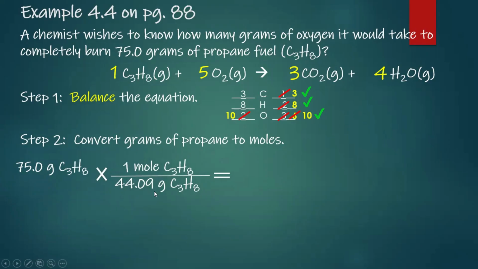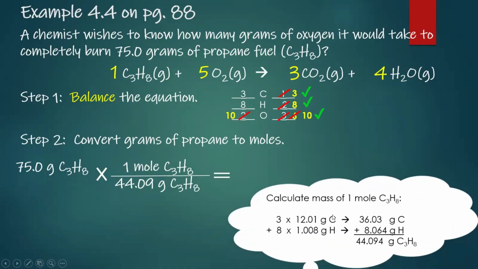So let's look at the periodic chart, and we need to figure out what the mass of carbon is, 12.01. There's 3 of them, so 3 times 12.01 is 36.03. Then there's 8 hydrogens, and if you look at the periodic chart, the molar mass of hydrogen is 1.008 grams.